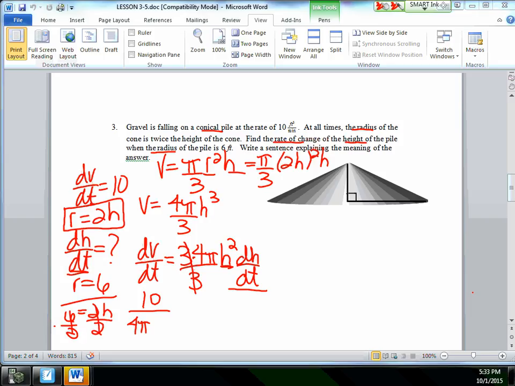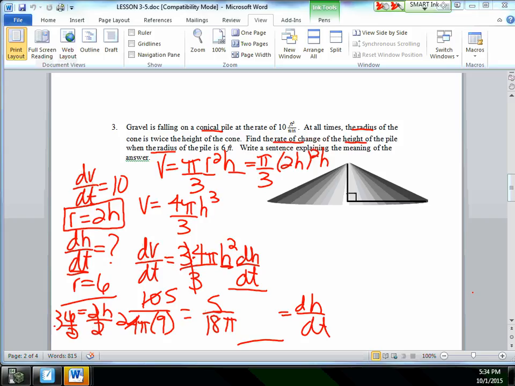So h is 3. 3 squared is then 9. Simplify, and we get 5 over 18 pi, which equals dh/dt. Now we need to get my units in here.